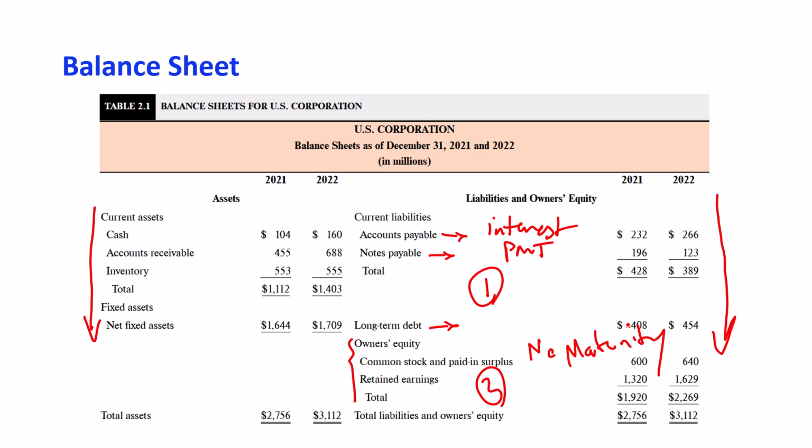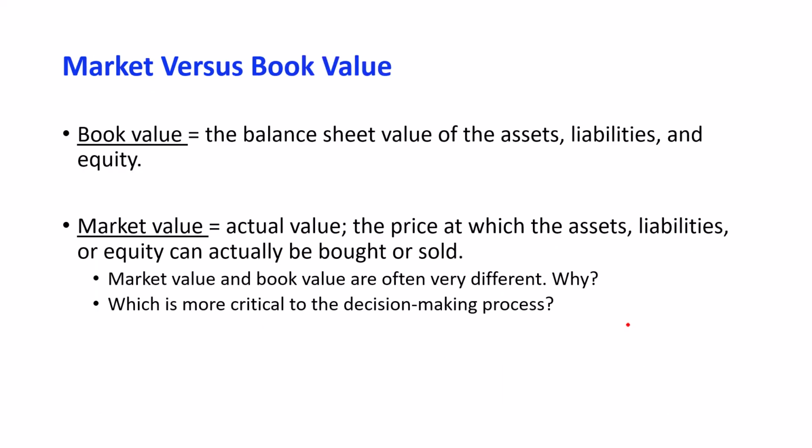Now, let's look at another important distinction here, and that's the difference between the book value and market value. Book value, the balance sheet values are usually book values, meaning that they are recorded based on their historical value.